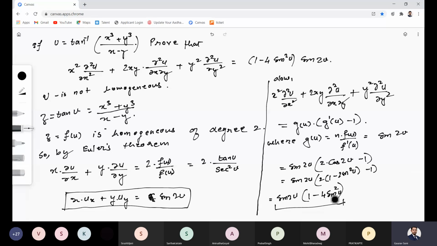Take 2 minutes, try to understand this. If you have any difficulties, you can ask, or else I'll go to the next example.